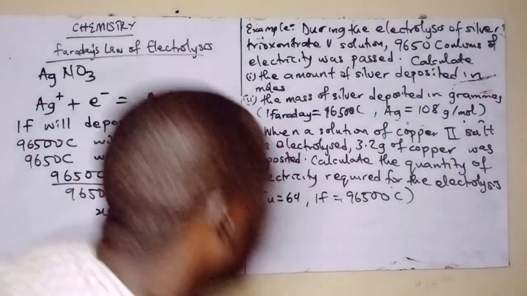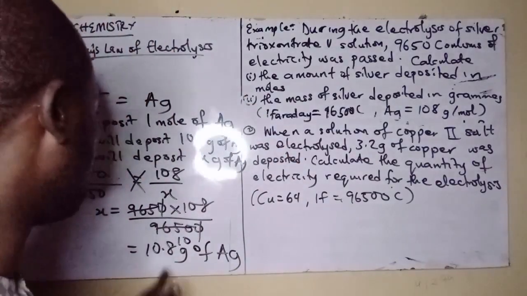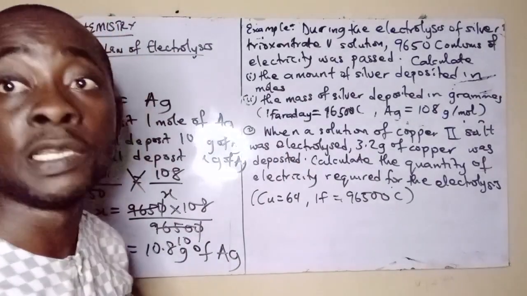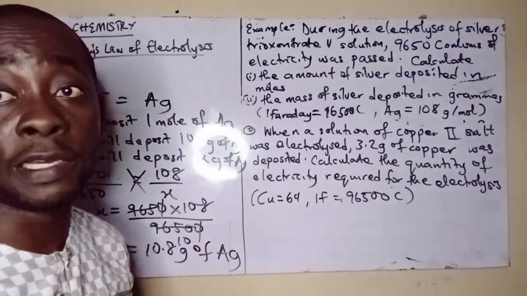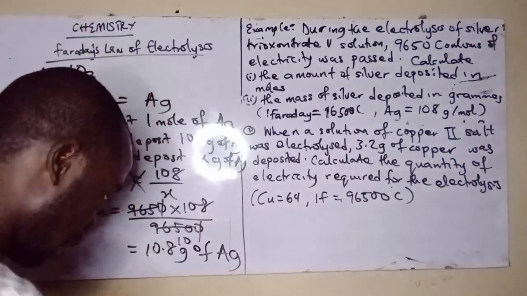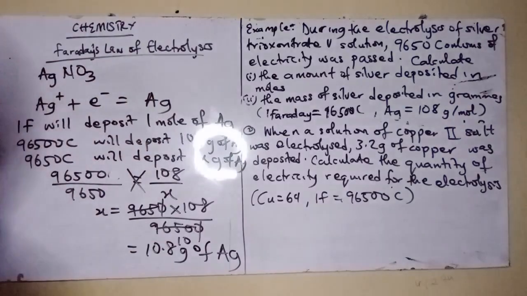Now let's see whether we can get the amount of silver deposited. Since this is the mass of silver deposited, let's see whether we can solve the number of moles of silver that will be deposited. So we need to find the number of moles.